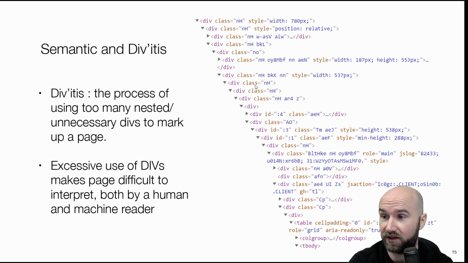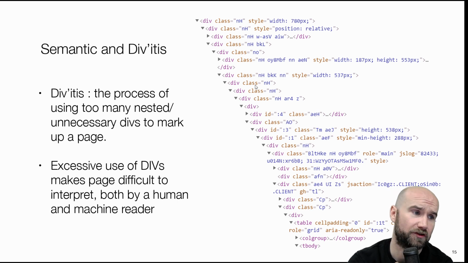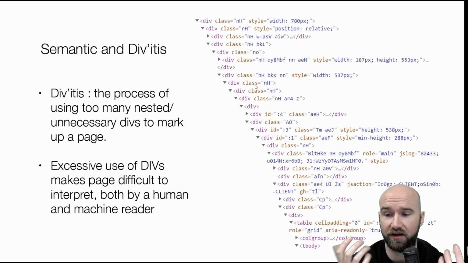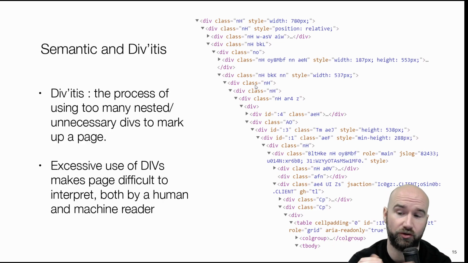So here's an example of divitis. And even before I jumped into a lot of semantic HTML, I would have done a lot of back-end engineering code, Java and things like that. And really from that, you're trying to impart meaning on your code as you're writing it.